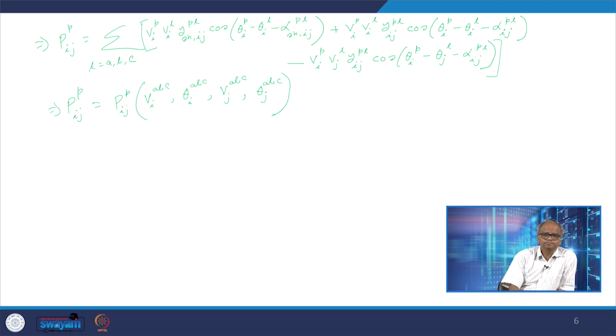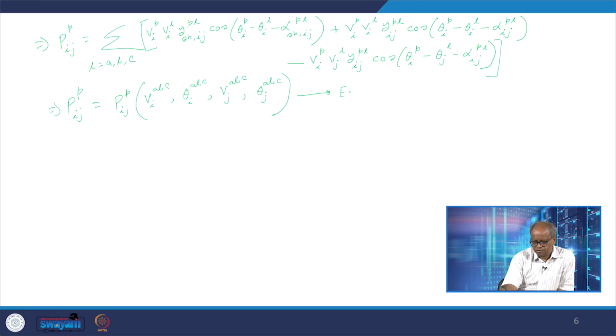Exact derivation I leave to you as homework, right. So, the expansion is homework. Similarly, I can find out Q_ijp, right. How do I find out Q_ijp?